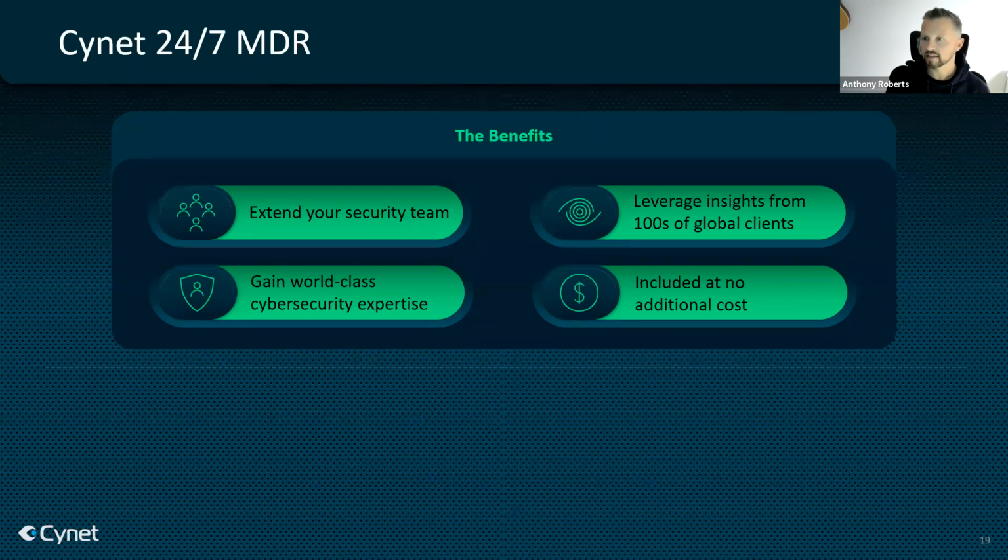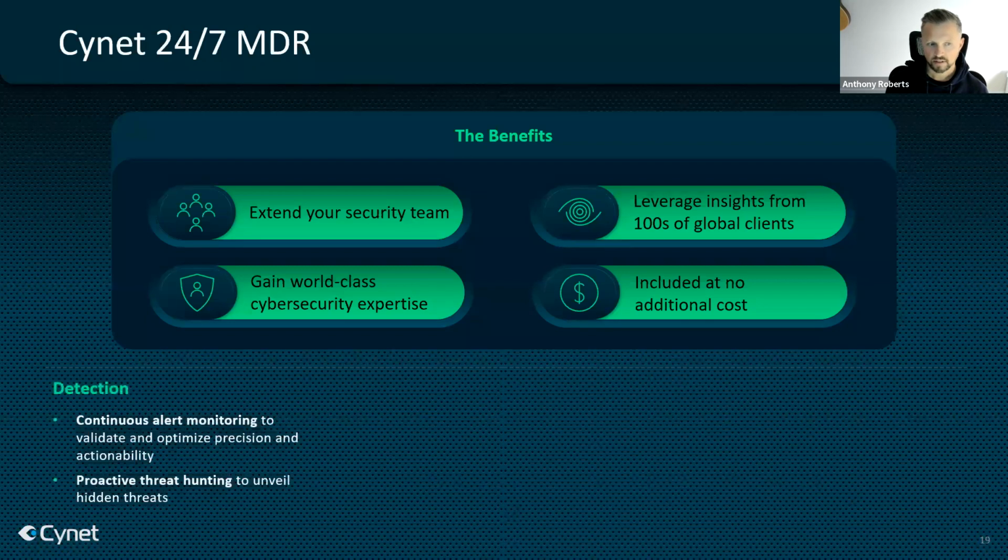So you can think of it as a wraparound service from Cynet that extends your limited IT resources. From a detection perspective, we'll be continually monitoring your environment to validate and optimize the detections that we're seeing. We will do proactive threat hunting.